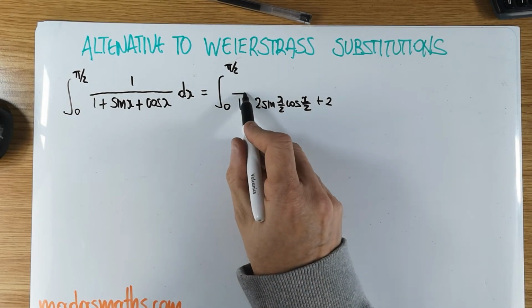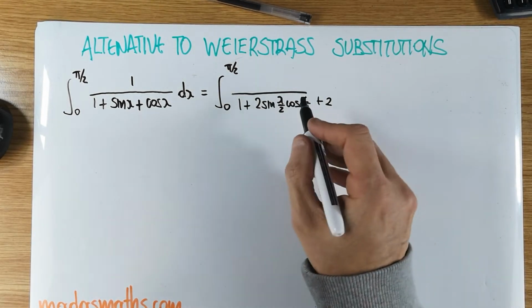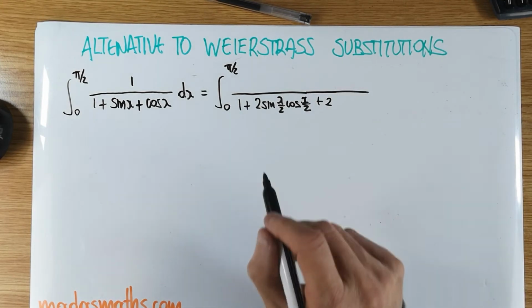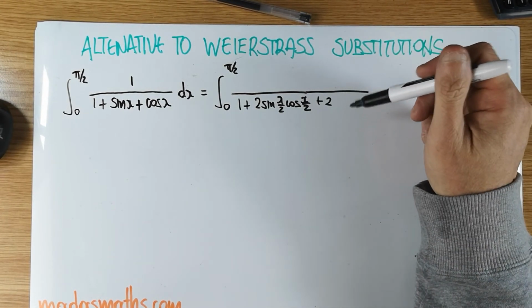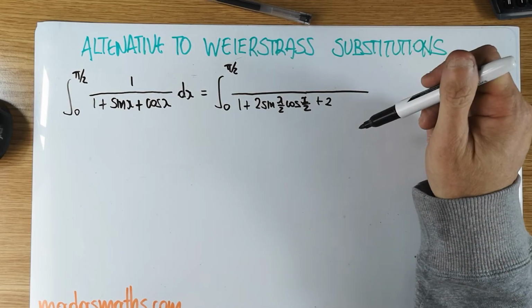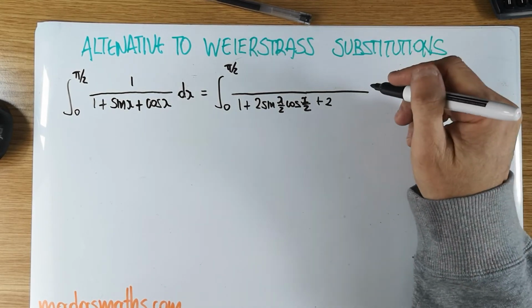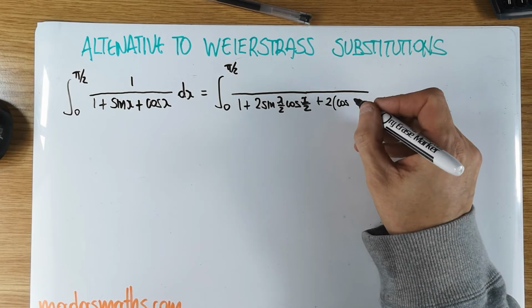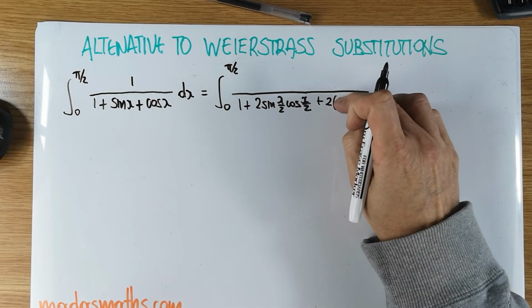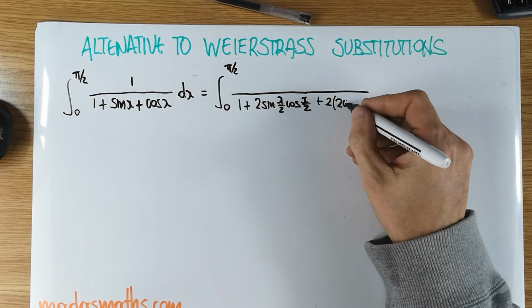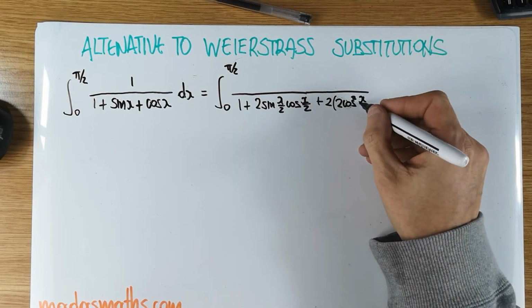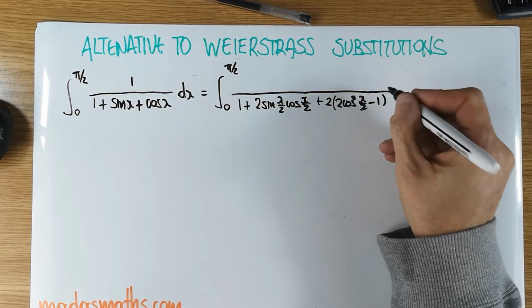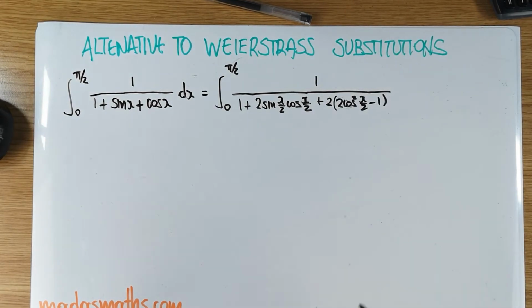As I said earlier on, if you can't see which one out of the two double angle formulas for cos you need, either the cos squared or the sine squared one, just go for one of them, and if it doesn't work, go back and change it. I think I can just about see I need 2 cos squared of x over 2 minus 1. That's the one that we need for this particular integral.